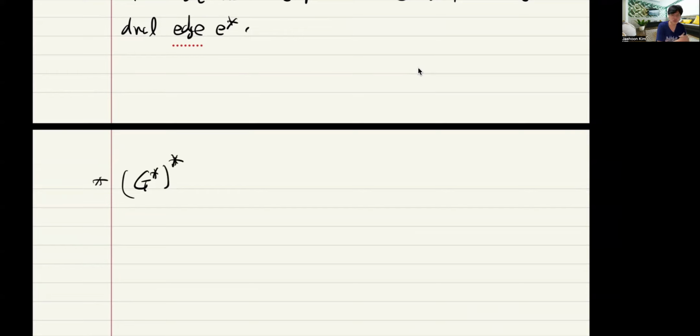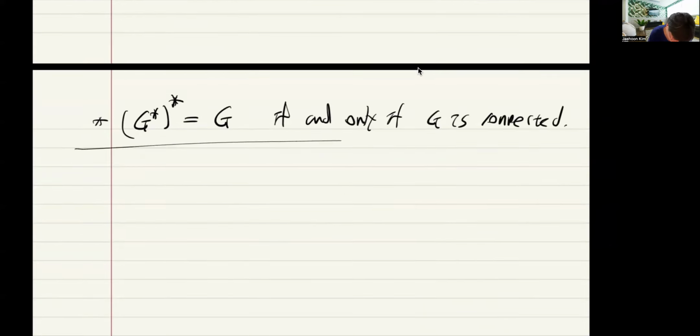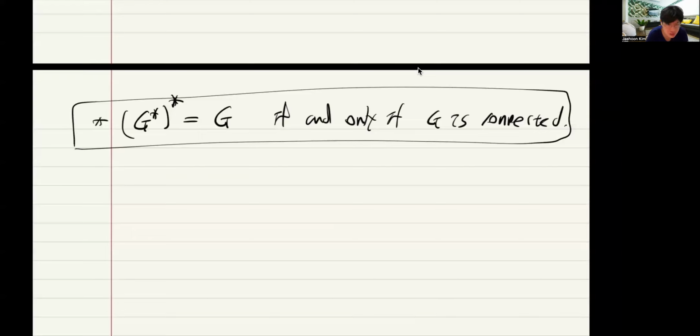You can consider the dual's dual, and this is the same as G if and only if G is connected. It's not difficult to check this, so I will leave this as an exercise to you. And it's easy to see that if it is not connected, then this doesn't work.